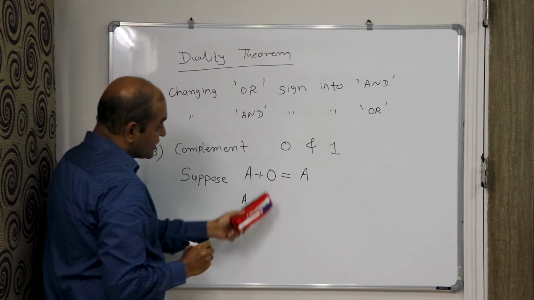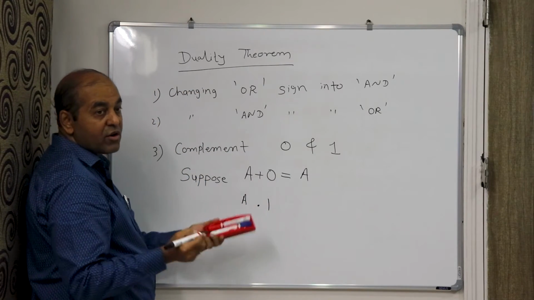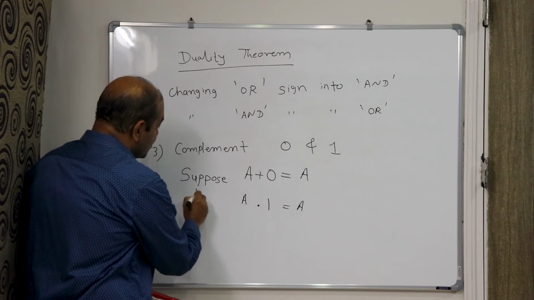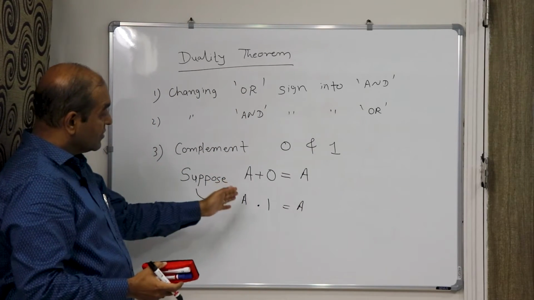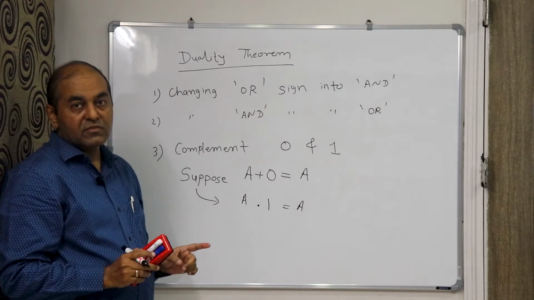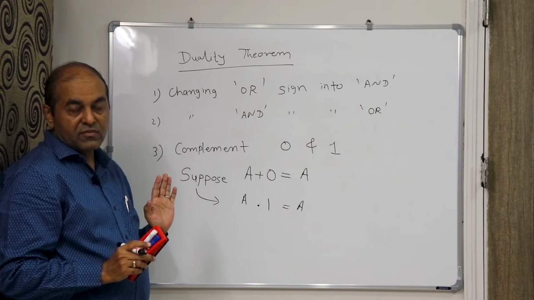Complement zeros and ones, so this 0 becomes 1. A dot 1. A dot 1 is again A. So after applying the duality theorem, your result remains a valid equation. In further studies, you will have to use this one.